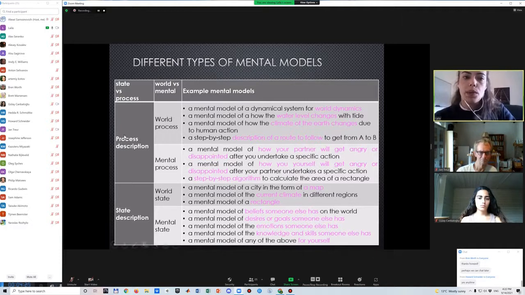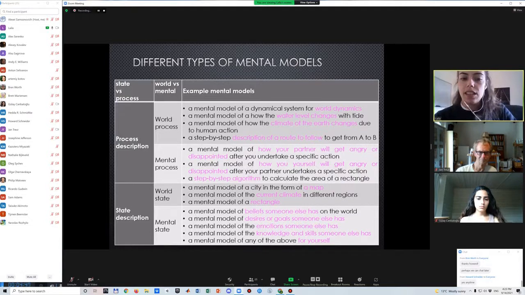So for example, in the top part, as I said, process descriptions are a bit more dynamic. So for example, a mental process in the more dynamic part would be a mental model of how your partner will get angry or disappointed after you do a specific action.